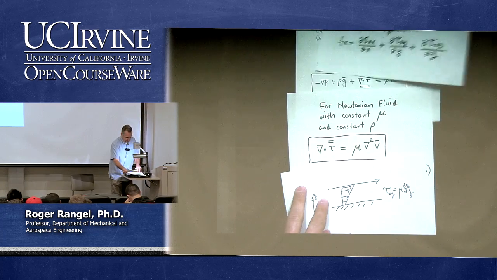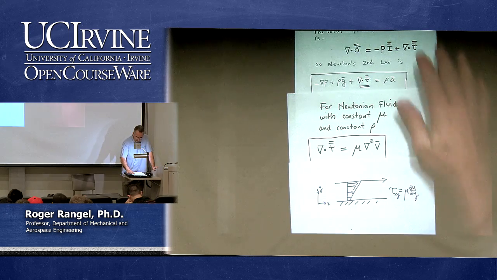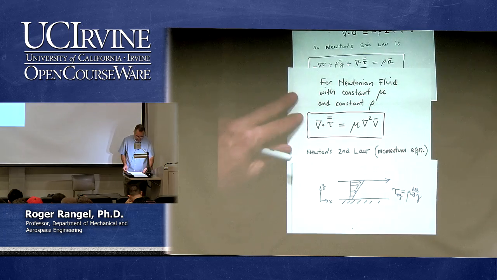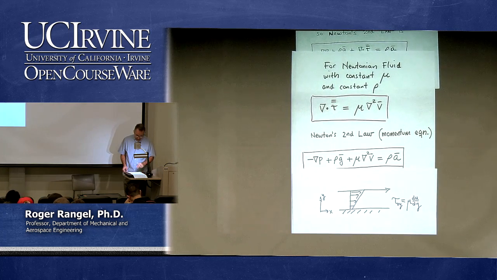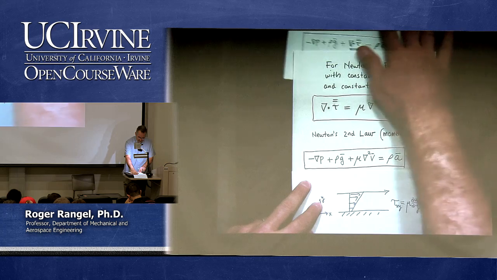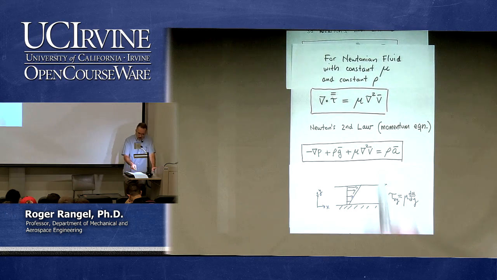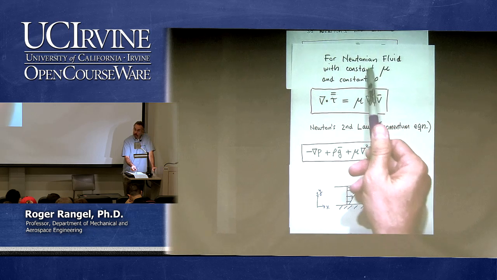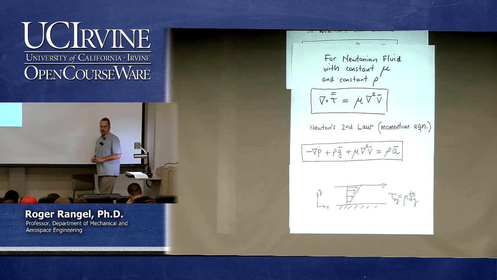So, long story, to arrive at our equation. When you put it in there, our momentum equation becomes that. Note that I'm saying this is for a Newtonian fluid that has constant density and constant viscosity.